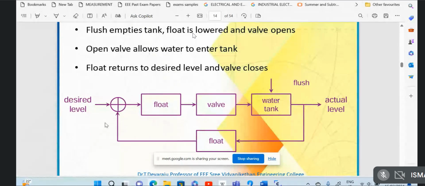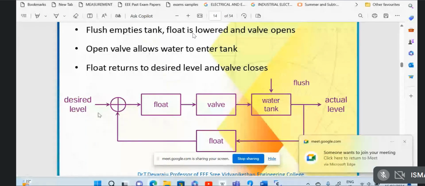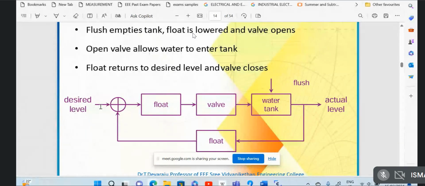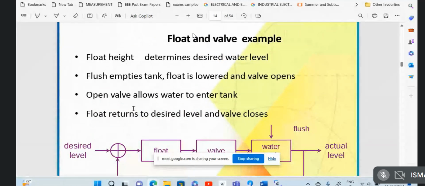So what is being controlled here is the water level. I decided that the water level should reach some level. We have set it in that float height.